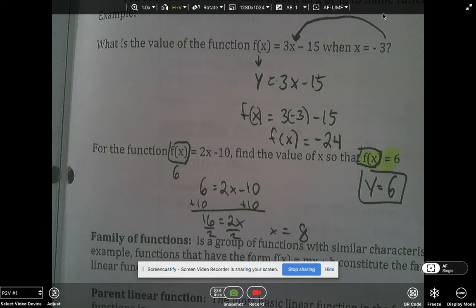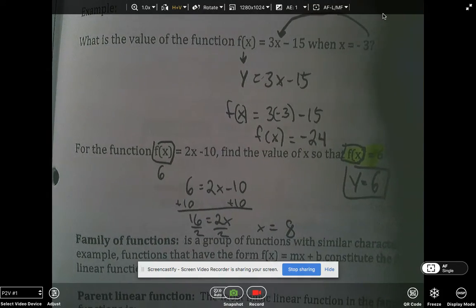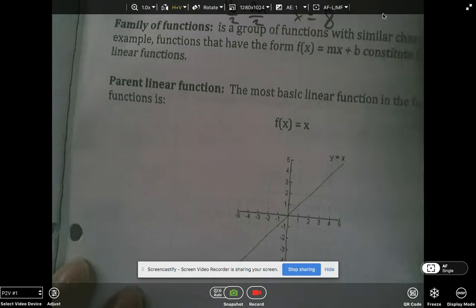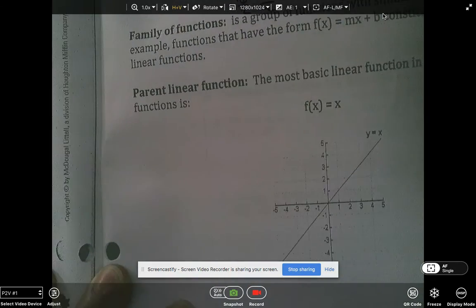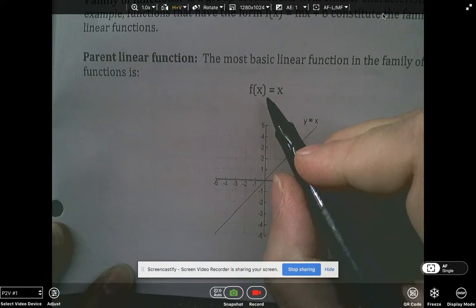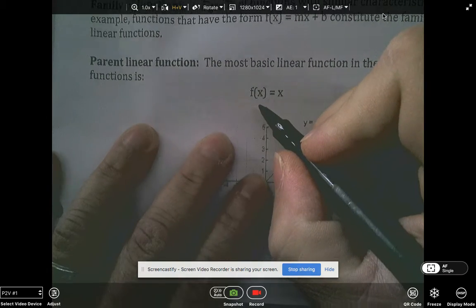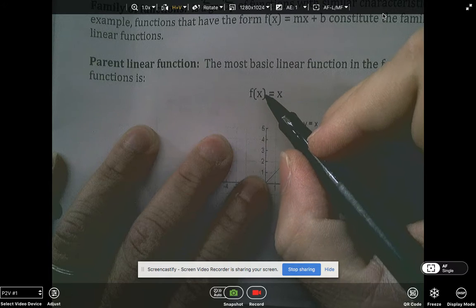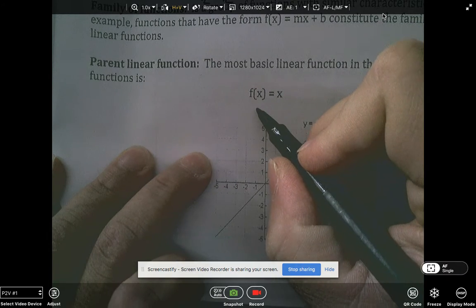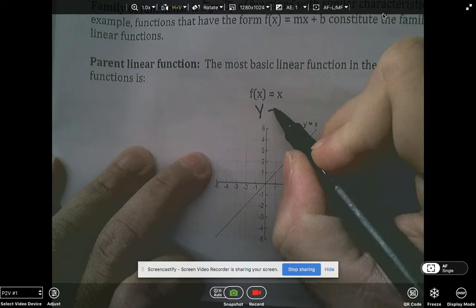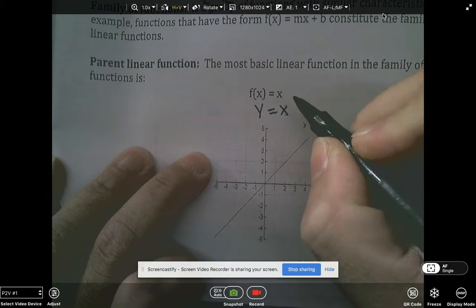The other thing that comes up in this section that's really important is we're introduced to what's called the parent linear function. It's the most basic linear function there is, and that's f of x equals x. In other words, if we replace f of x, it'd just be y equals x.